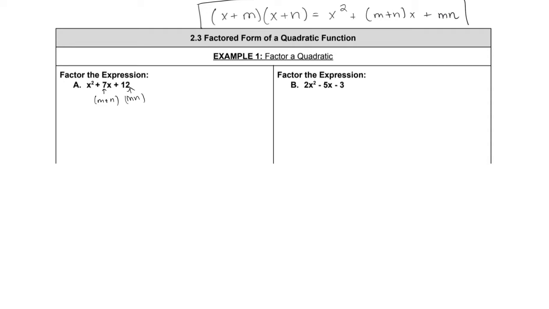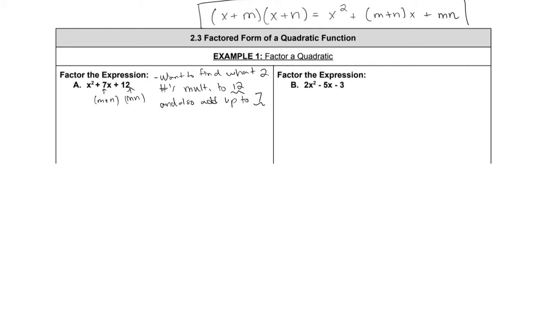In order to find out what m and n are, we want to find what two numbers multiply to 12, because that's what our c is, and also add up to 7.